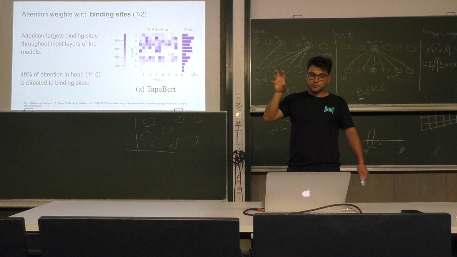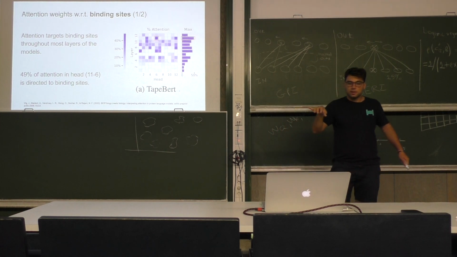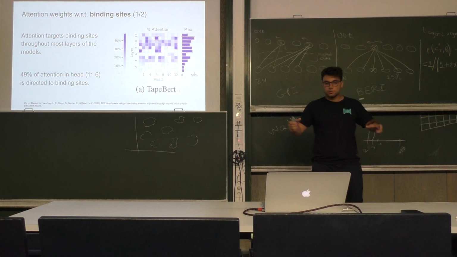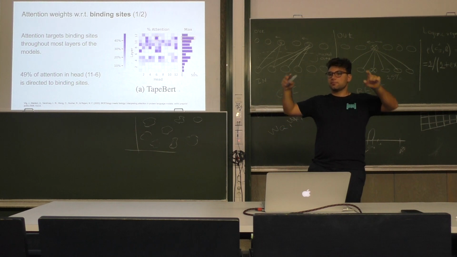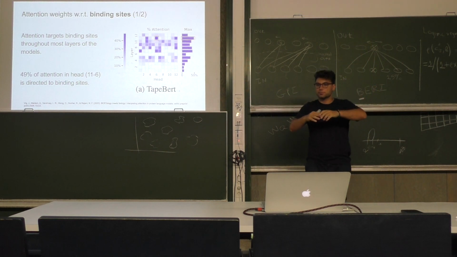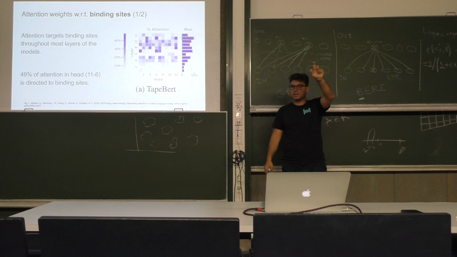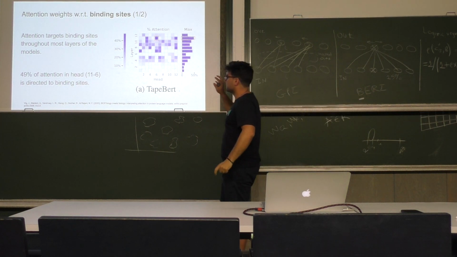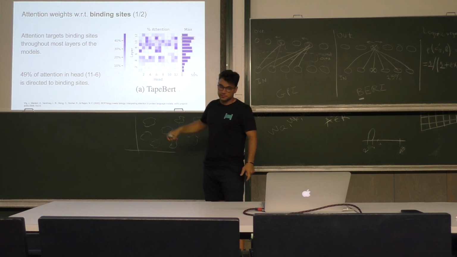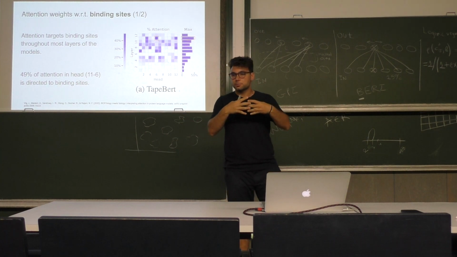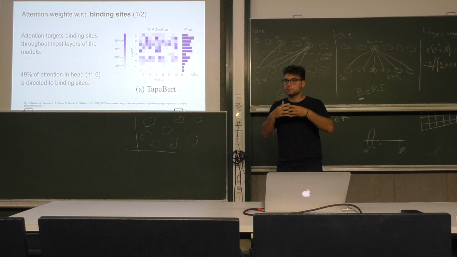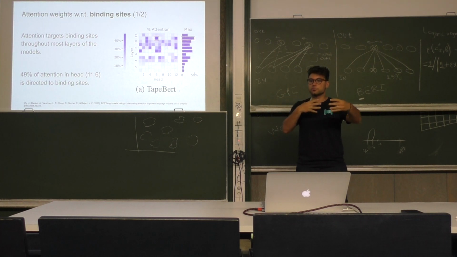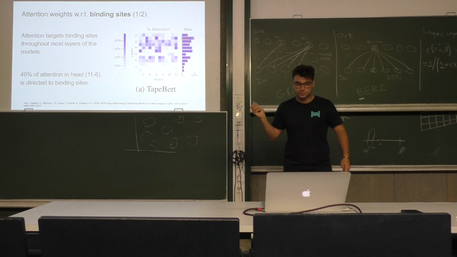You can think of this binding site as if you have object detection and a huge image of 1000 by 1000 while the object is kind of localized, and how different parts would attend to this area of interest. Or these attention maps we saw in the last lecture, where the model learns in vision to encode the foreground and the background.